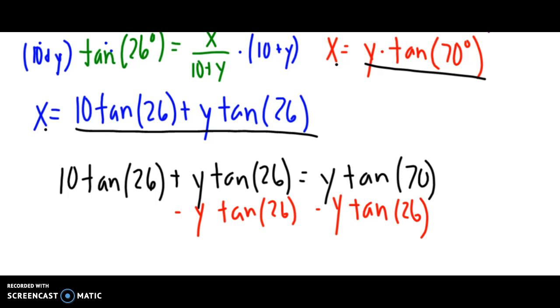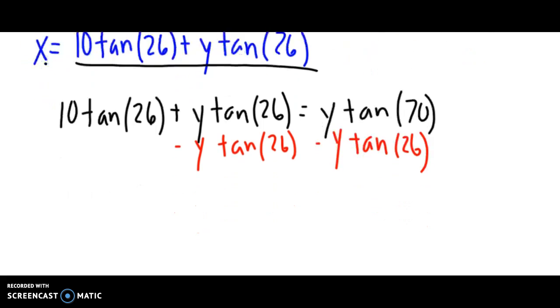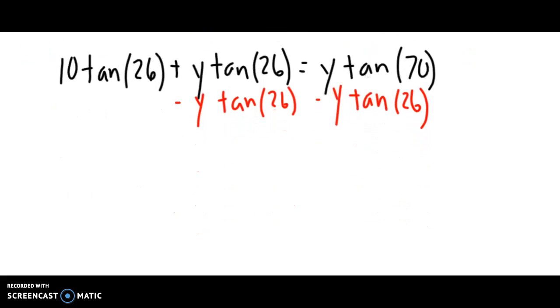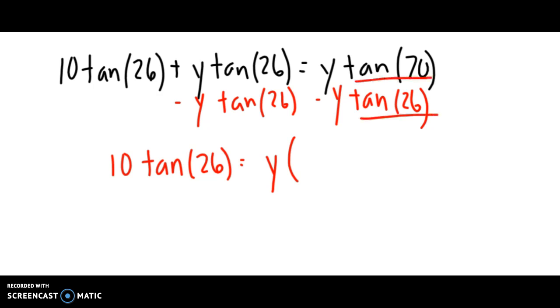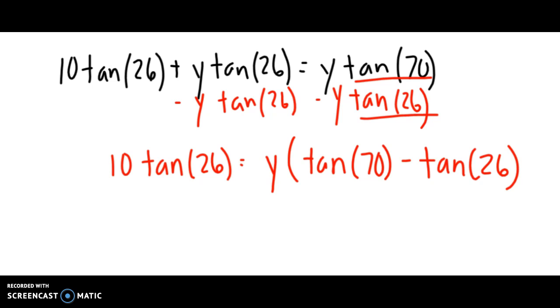So if you think of it, y tangent of 70 minus y tangent of 26, those are just numbers again. So we get 10 tangent of 26 is equal to, well, both of them have a y in it, so I'm going to say y times tangent of 70 minus tangent of 26, because tangent of 70 and tangent of 26 are just numbers.